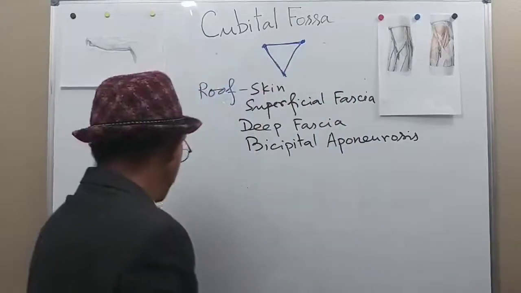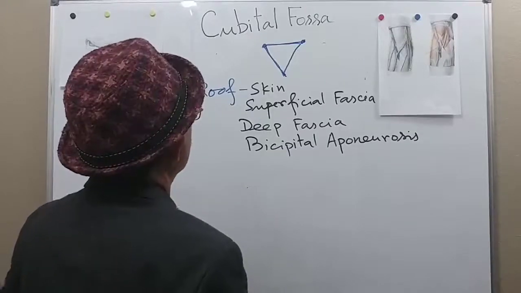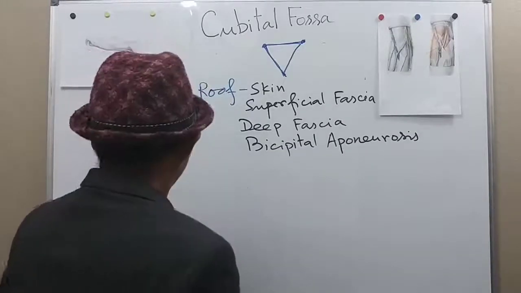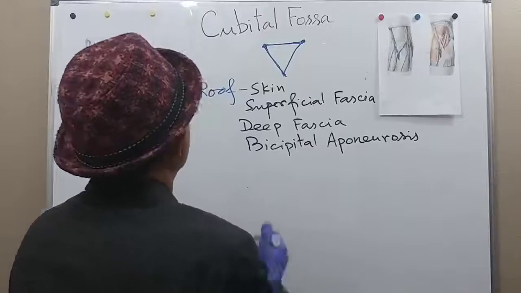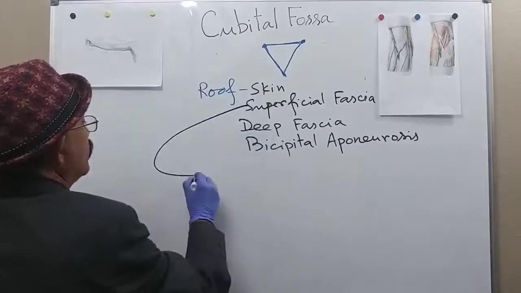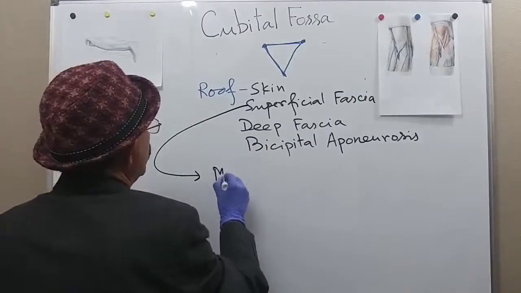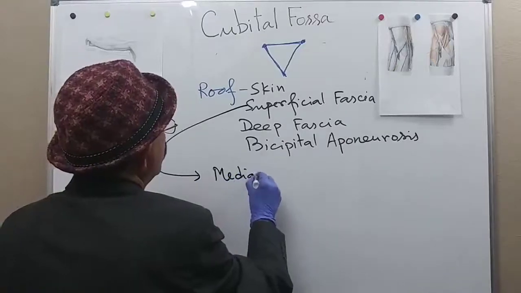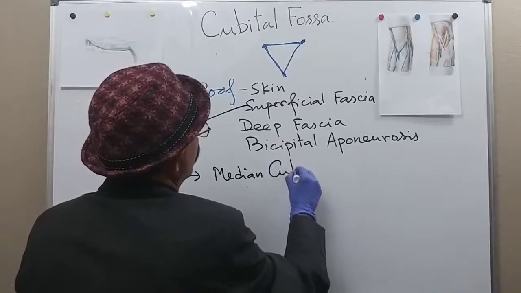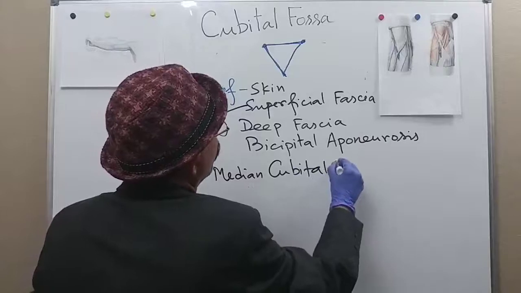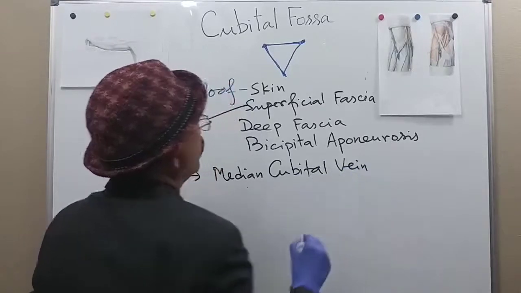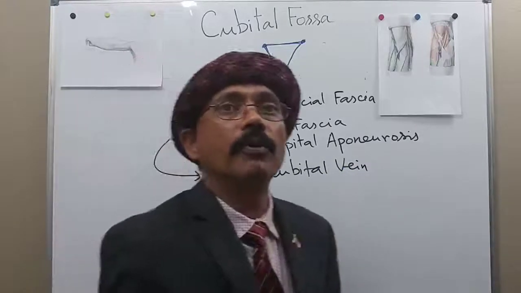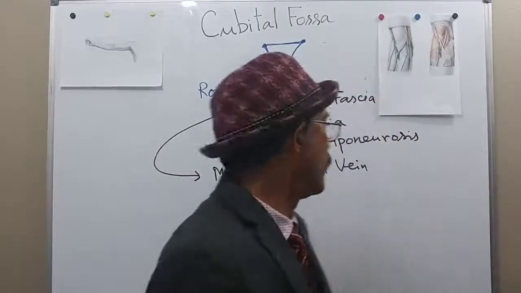In the superficial fascia, we'll get some cutaneous structures. That is the median cubital vein. Okay, that is present in the superficial fascia.